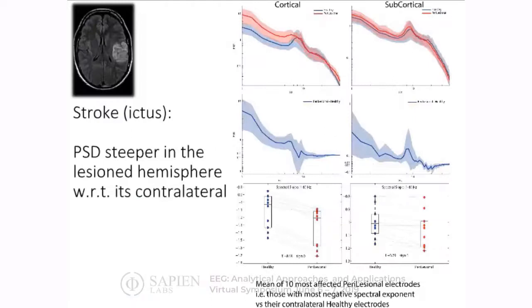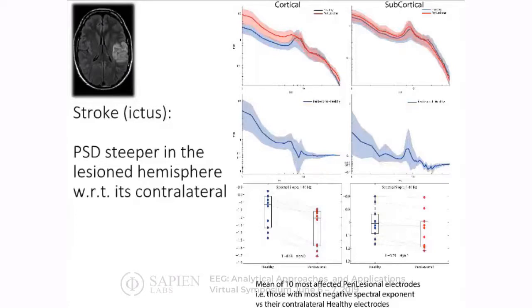And indeed, we were able to classify with a nice accuracy whether people had the presence of consciousness or not. And overall, we saw that when a stroke would affect a hemisphere, the spectral exponent in that hemisphere would become more negative, indexing a steeper PSD in the affected hemisphere, compared to the contralateral one.